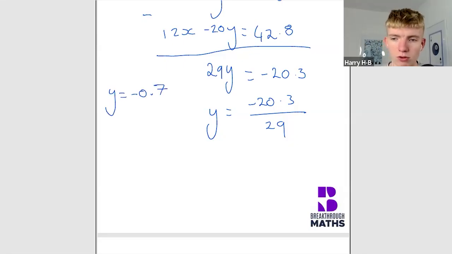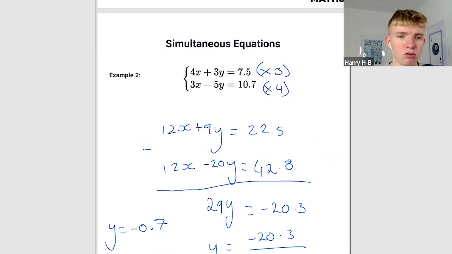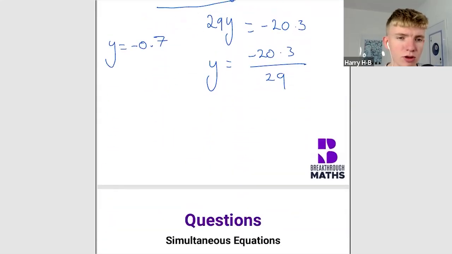And once again, all we have to do here is sub this back into one of these equations at the top. So I'm going to choose the one at the top. So we've got 4x plus 3y is equal to 7.5. We replace this y here with the value for y that we've got, which is minus 0.7.